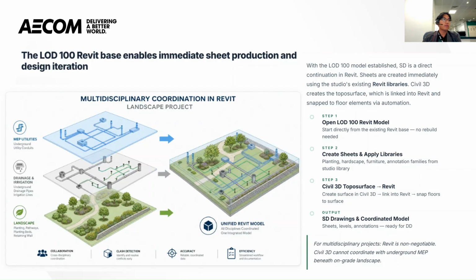For example, when we receive the MEP utility, drainage, and irrigation, we start overlaying this information and developing our model. Right after we have the base model at LOD 100, we are able to generate drawings and sheet production, and start the design integration for coordination purposes.